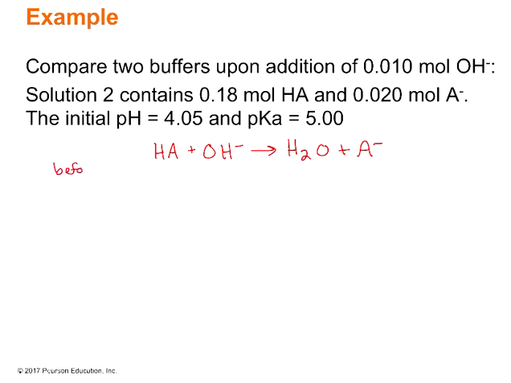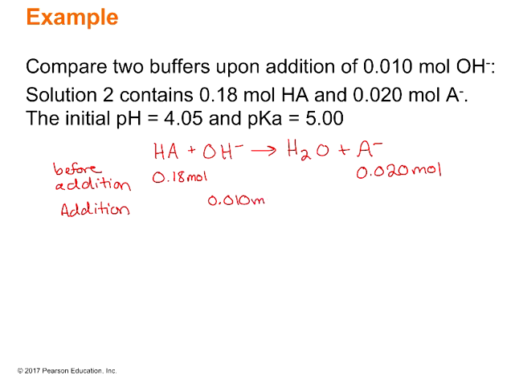And then before the addition of any strong base, we had 0.18 moles of acid and 0.02 moles of conjugate base. And then we're adding 0.01 moles of strong base.